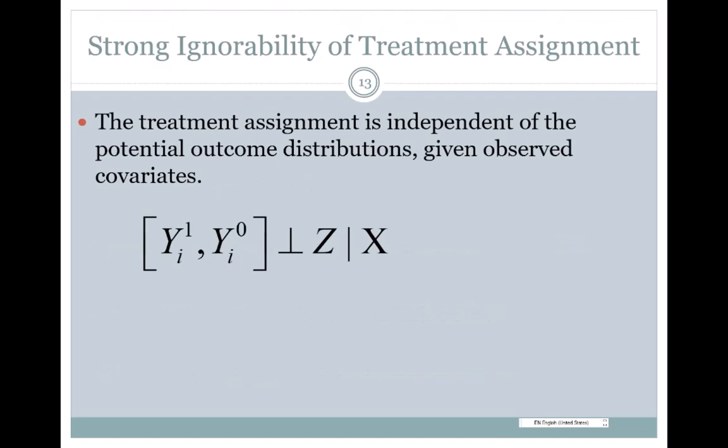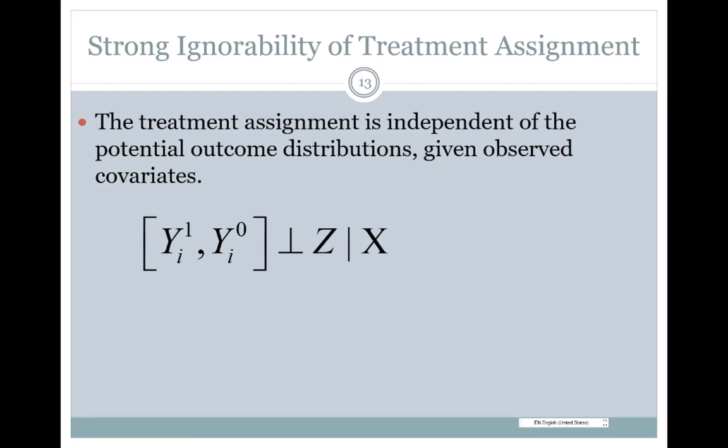So strong ignorability of treatment assignment says that the treatment assignment is independent of the potential outcomes distributions given observed covariates, right? So here we have the two potential outcomes, Y in the presence of treatment and Y in the absence of treatment, are independent of whether individuals were treated or not, given covariates.